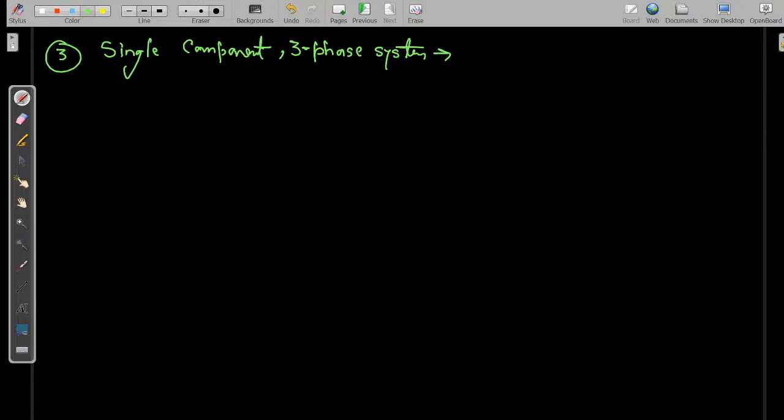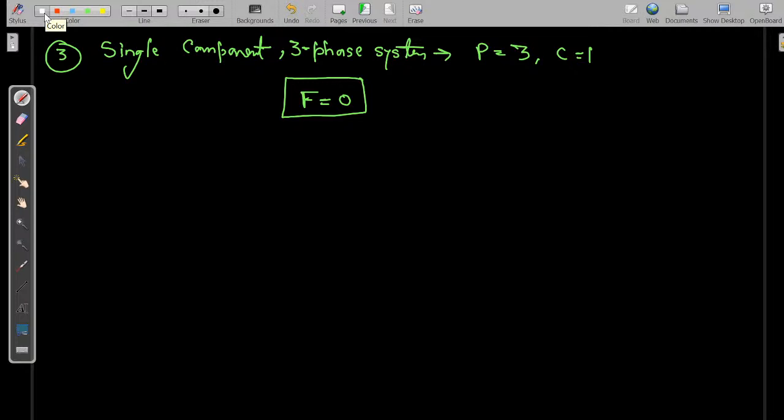Single component three phase means P is equal to 3, C is equal to 1, so F will be 0. What does that mean? F equal to 0 means you don't need any property to define the system.